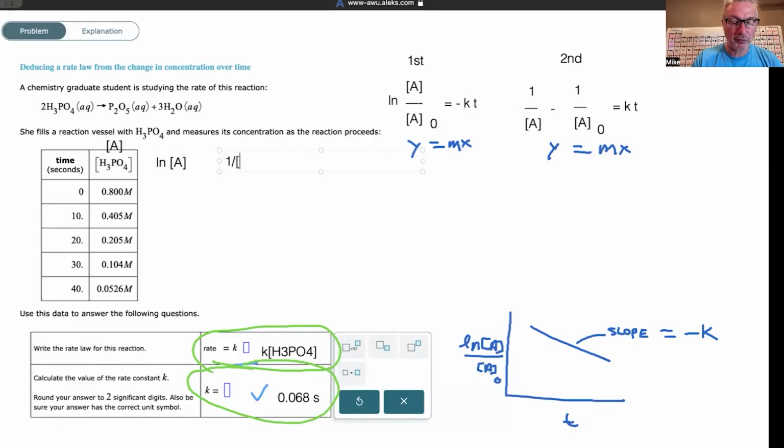So 1 over concentration of A. And I'm going to monitor its progress at a regular interval and see which one's linear. That tells you which equation's producing the points. If you love graphs and spreadsheets and all that kind of stuff, this is not for everybody, but it is quicker. Watch how much quicker it is. 0.8, natural log, boom. Negative 0.223. Let's just quit there.